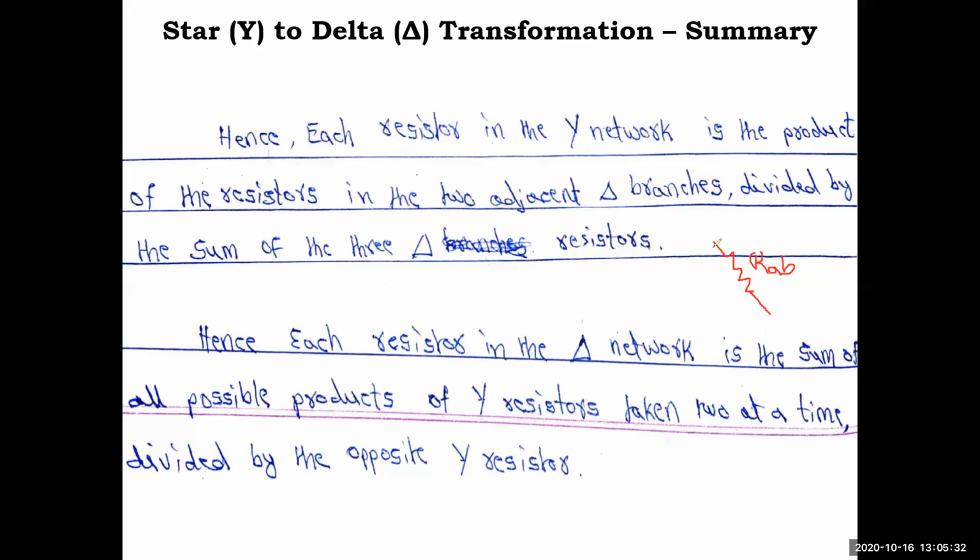That means RARB, then RBRC, then RCRA, all three taken and summed, divided by the opposite Y resistor, which is opposite to this branch, that is here, this resistor RC. You can check that. This is the formula we will use in problems.